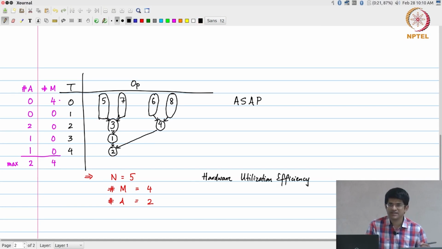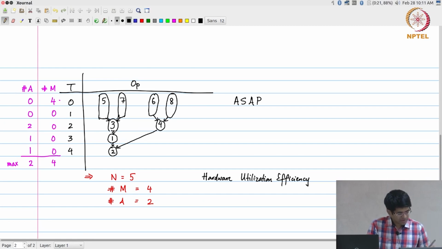The idea is simply this: if I have a piece of hardware, let us say an adder, and my overall schedule takes t time units, or n time units in this case, potentially I could have done n additions with that one piece of hardware. The question I am asking is, how many am I actually doing? Take that ratio and multiply by 100 in order to convert it into an efficiency percentage.